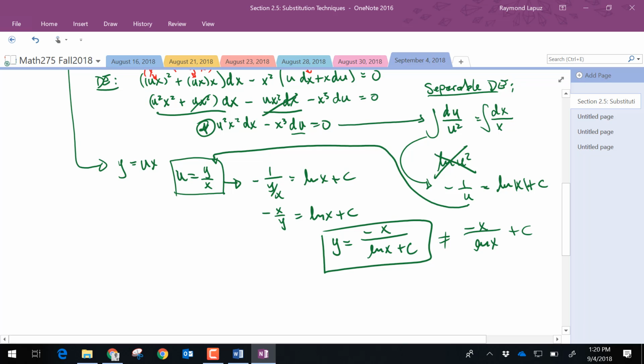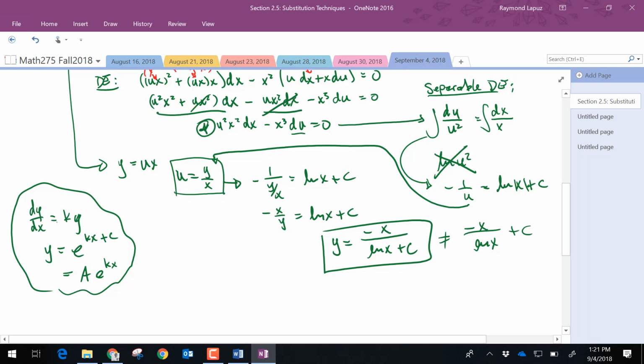Just like when we integrated dy dx equals kx or ky, and then we integrated this, you remember what the answer was? e to the kx plus c, and then we changed this into a times e to the kx.